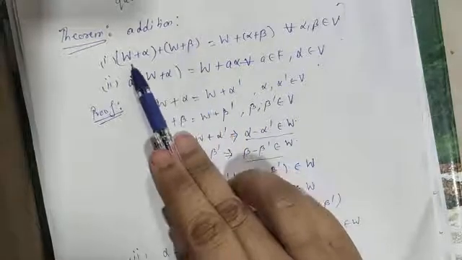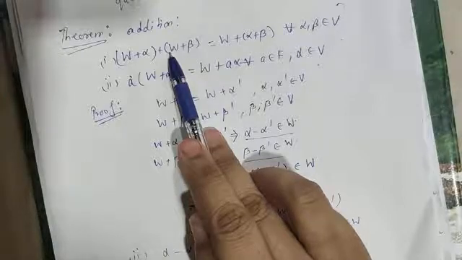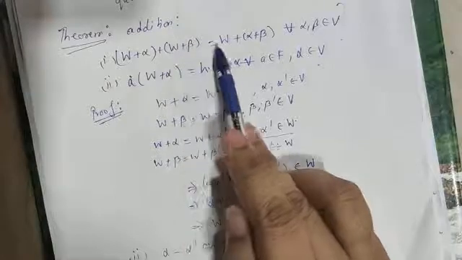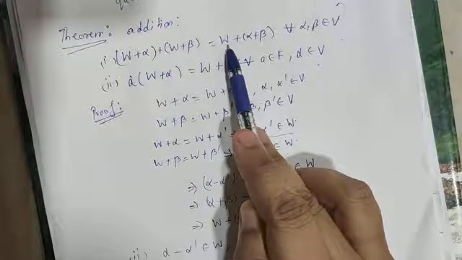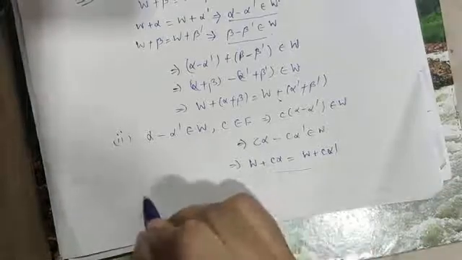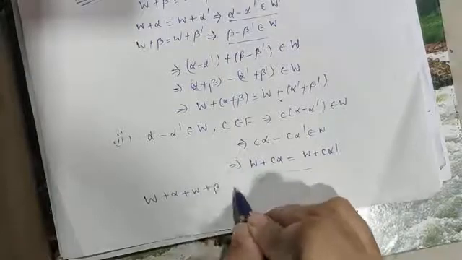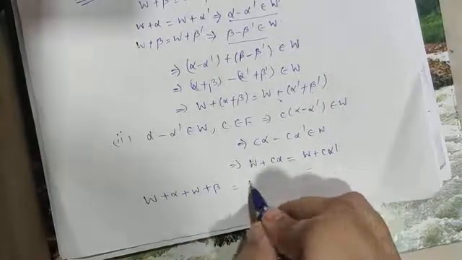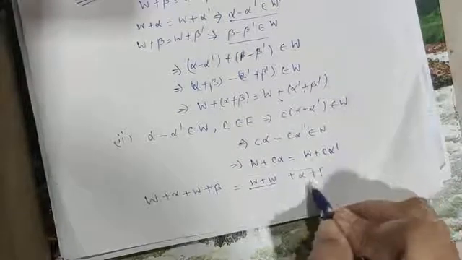Now again, since alpha dash and beta dash belong to W and W is a vector space, then alpha dash plus beta dash will again belong to W. So this will give an element of W. We can write it as W plus alpha plus W plus beta is equal to W plus alpha plus beta.